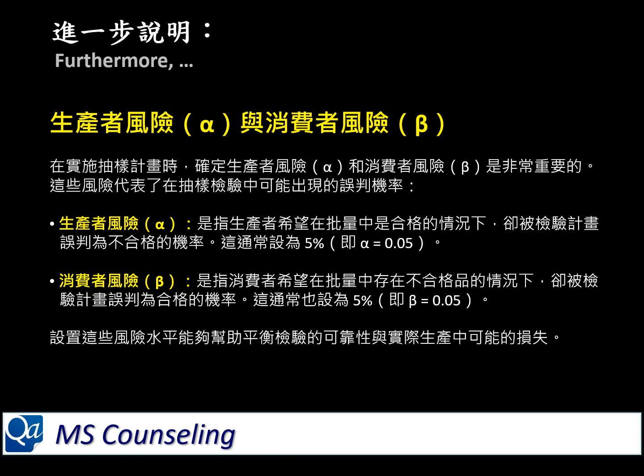Setting these risk levels can help balance the reliability of inspection with the potential for actual production losses. Therefore, AC and RE, the number of acceptable and rejected defects, are determined based on statistical theory, specifically the binomial distribution or the normal approximation.